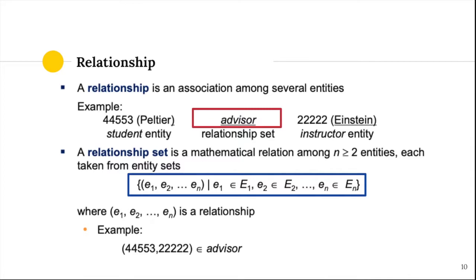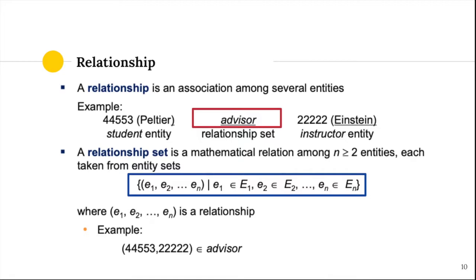Formally, relationships are mathematical relations among n greater than or equal to two entities, so at least two, each taken from a different entity set. More formally, it could be a relationship between more than two.